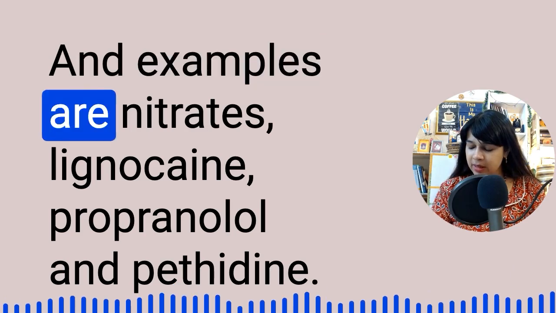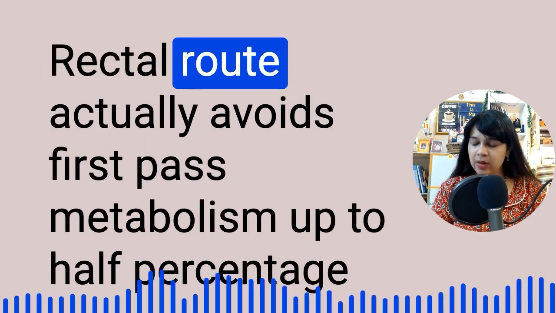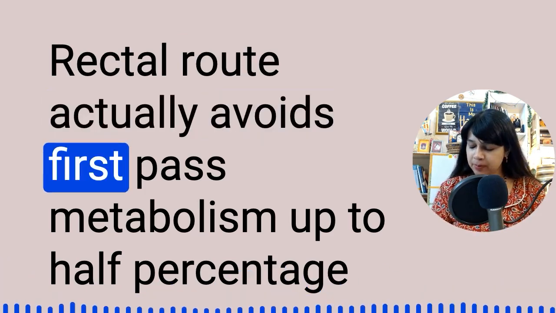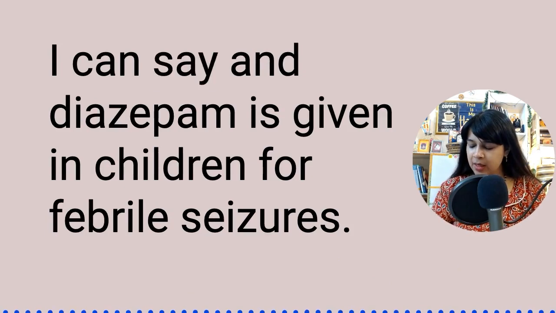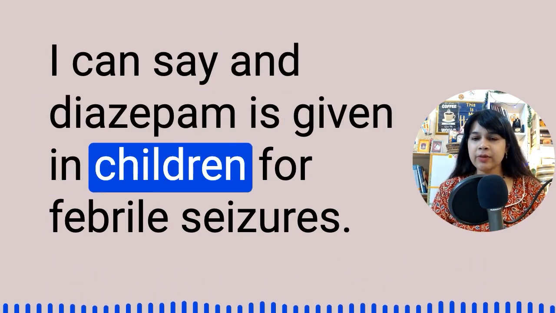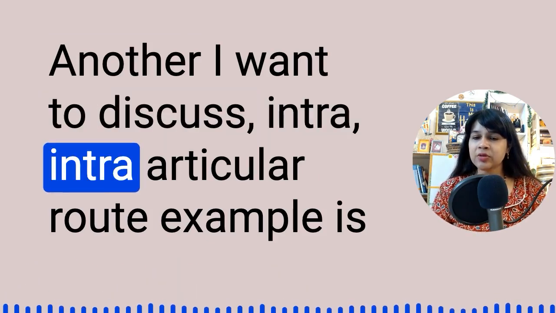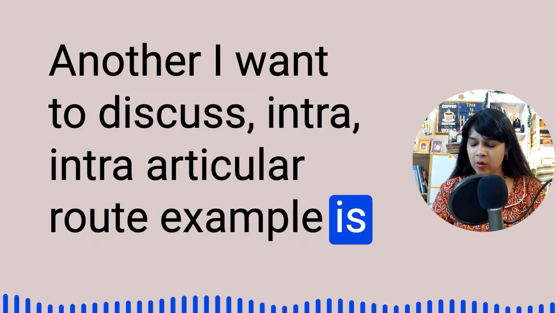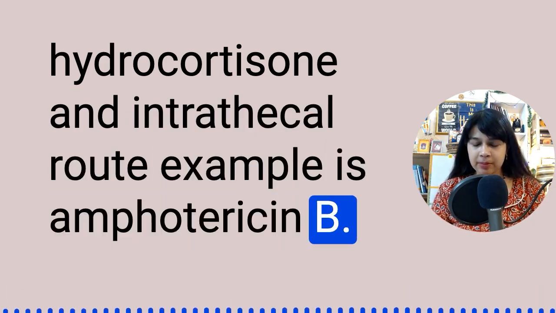Examples are nitrates, lignocaine, propranolol and pethidine. The rectal route actually avoids first pass metabolism up to 50%, I can say. And diazepam is given rectally in children for febrile seizures. Another I want to discuss: an intra-articular route example is hydrocortisone, and an intrathecal route example is amphotericin B.